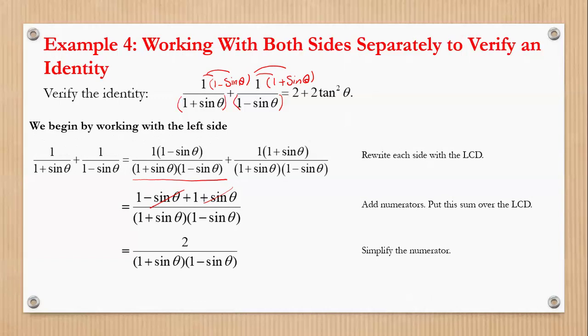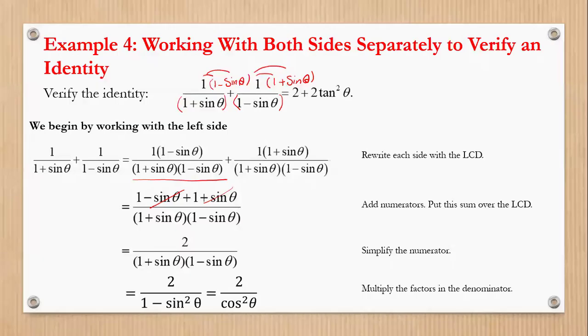As I see on the right side, I have tangent. So how can I change this one to tangent? So now, since we want to get tangent on the right side, maybe it's better when we multiply the common denominators.